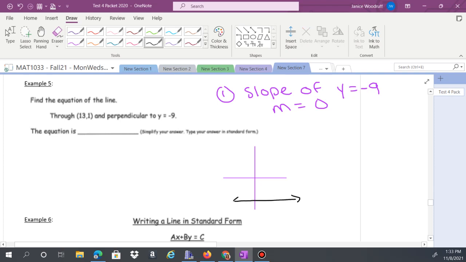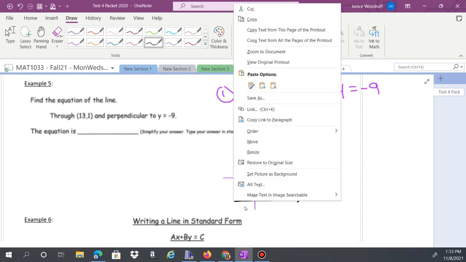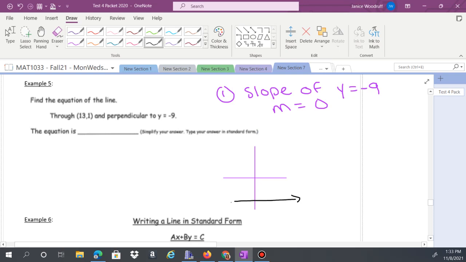What's going to be perpendicular to that? Vertical line, right? It's the only thing that'll be perpendicular to a horizontal line. And it's through what point? (13, 1). So maybe we'll say it's right here. No, that's (13, 0). (13, 1) right here.